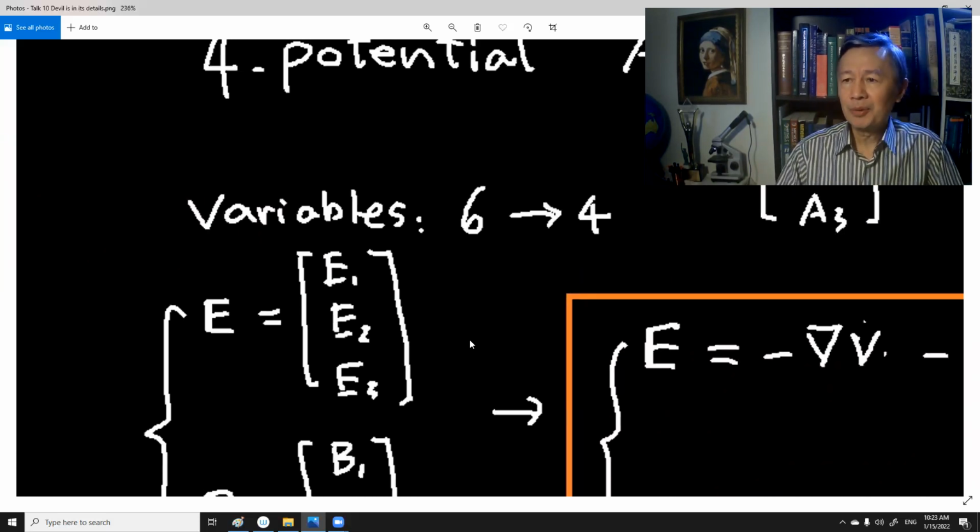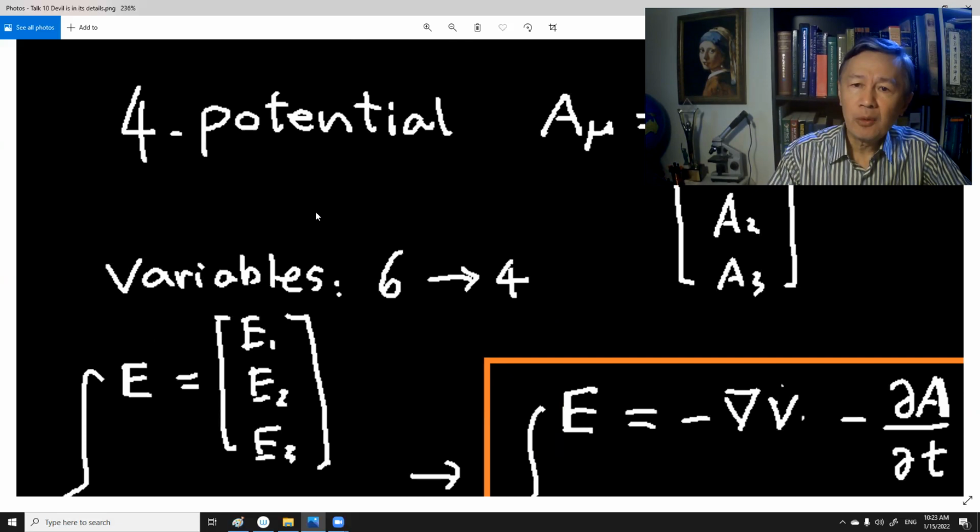Now, theoretical physicists are very concerned about the economy of the form of the mathematical expression. By introducing the four-potential, we can effectively reduce the independent variables from six to four.